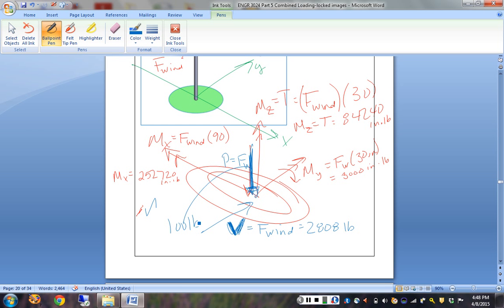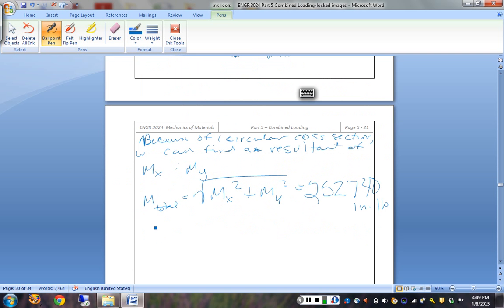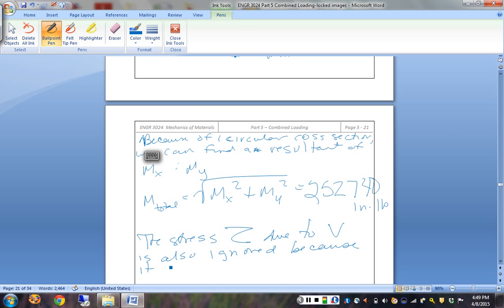So if your normal stress magnitude is bigger, you know the shear stress is never going to be your worst case scenario. To say that in a different way, the stress tau due to V is also ignored because it is where sigma bend equals 0.